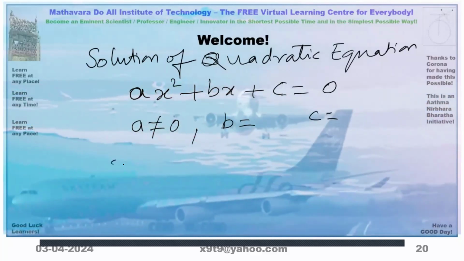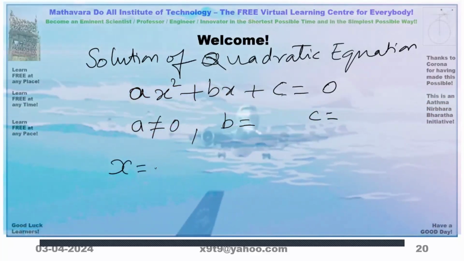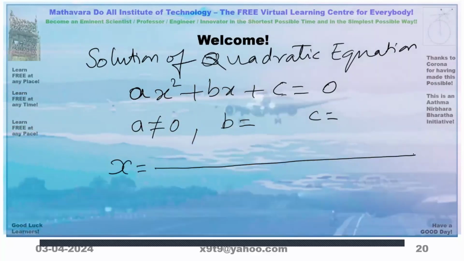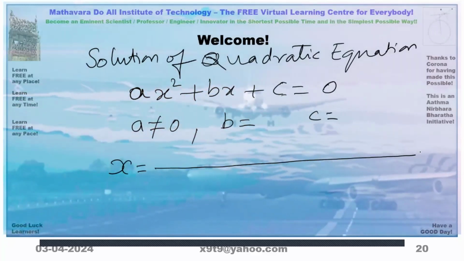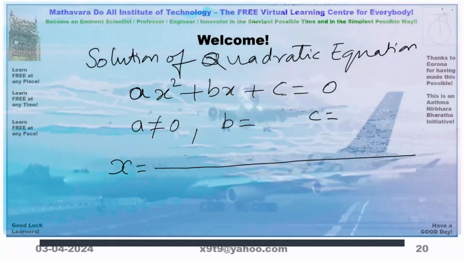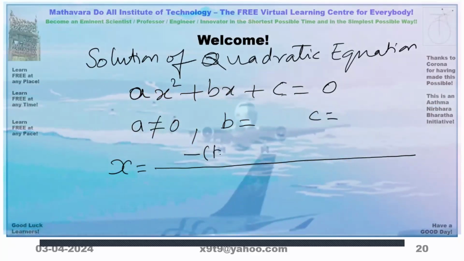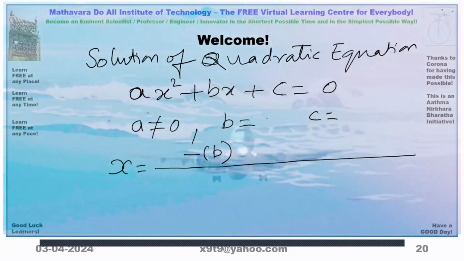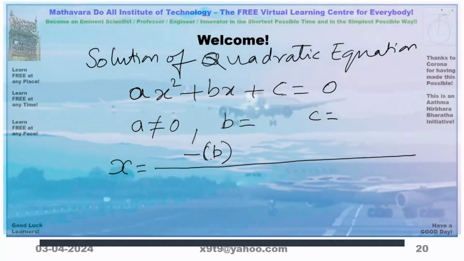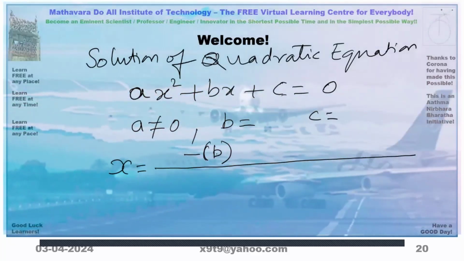So we will use the formula, this is very important: x equals numerator divided by denominator. In the numerator, we will write minus of b, whatever the b, put in brackets so that if a negative number is there, we can put that.